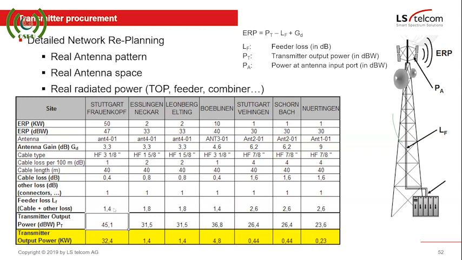You will put in connector losses. You will put in feeder losses. You look at the transmitter output power, and then you will get an effective output power. So this is very important, because you can also use this to determine what the transmitter output needs to be in order to reach the agreed or planned transmitter power by using certain antennas and reaching your coverage as you've planned it.